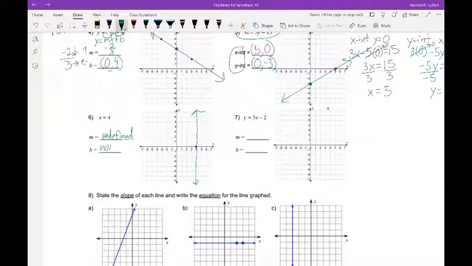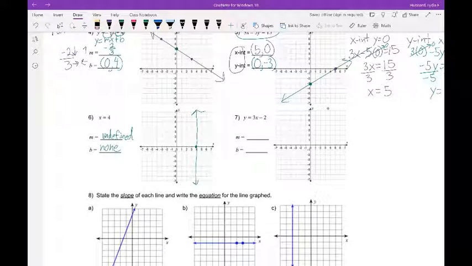So there actually is not a y-intercept. This is one of the few cases where there is not a y-intercept. Typically, if you have an x equals, there's probably not going to be a y-intercept. There can be, but it's either the graph x equals 0, which has an infinite number of y-intercepts, or it doesn't have a y-intercept. So that's kind of the difference there.